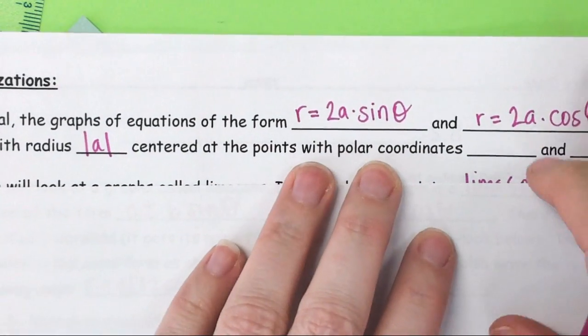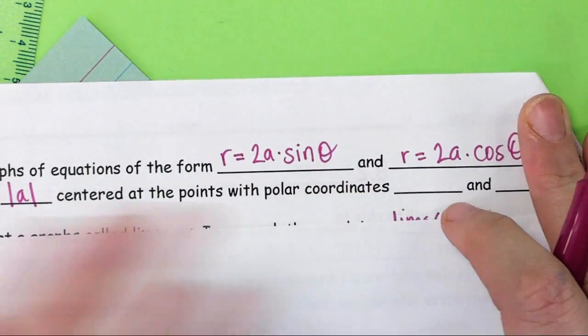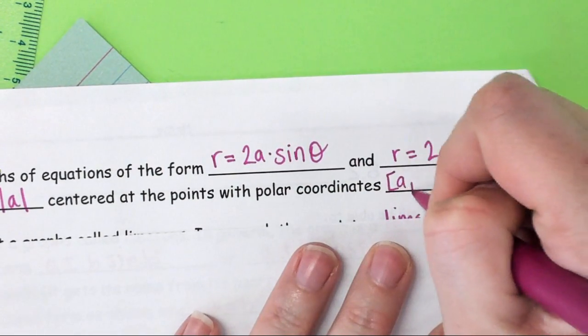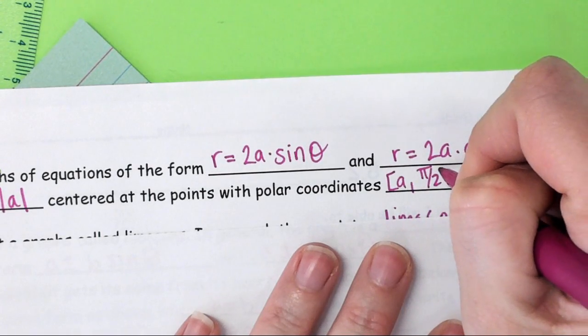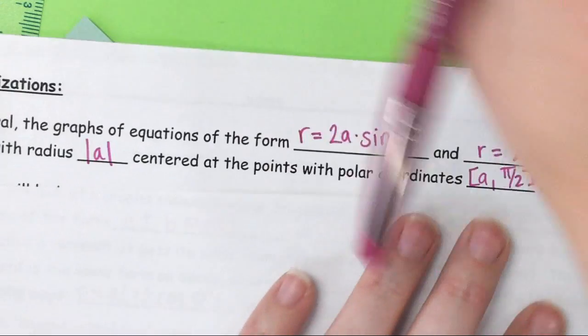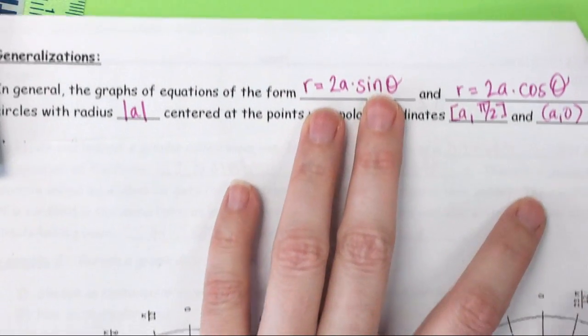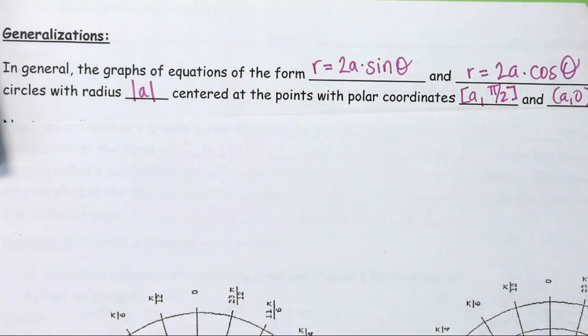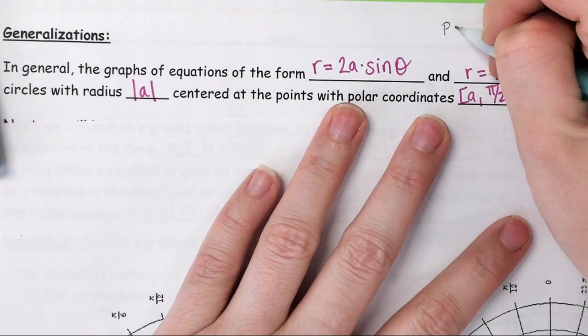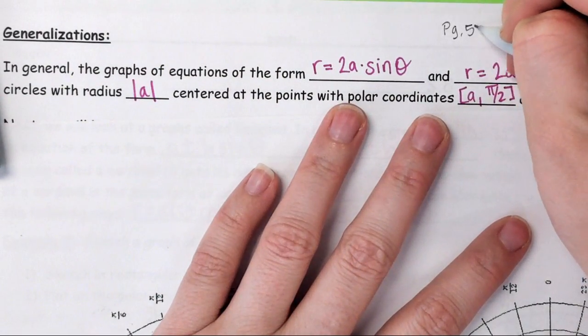Yeah. Okay, so centered at the points with polar coordinates a, pi over 2 and a, 0. Okay, and then this is from page 549 in your textbook.